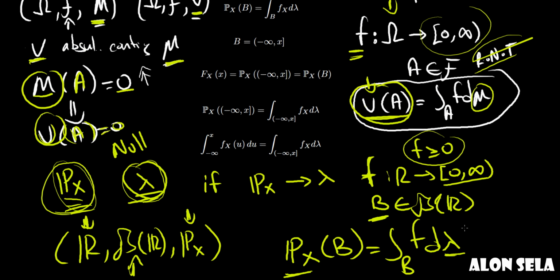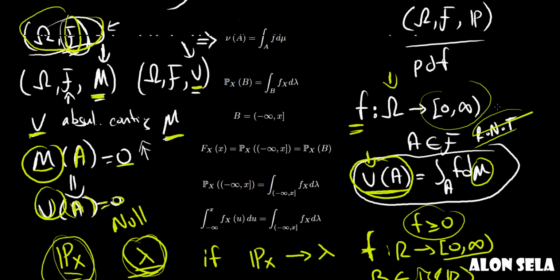According to the Radon-Nikodym theorem, we have this probability for every Borel set, and we can calculate it using the Lebesgue integral, including this f function, which is a non-negative function, and we can do it because of the Radon-Nikodym theorem. So actually we just spoke about these two parts.